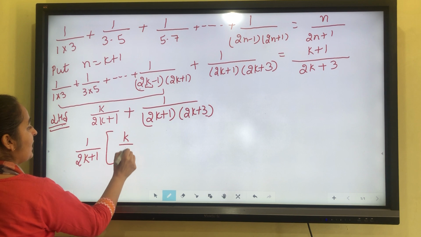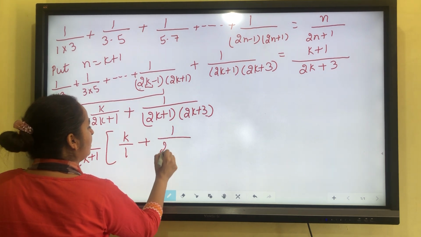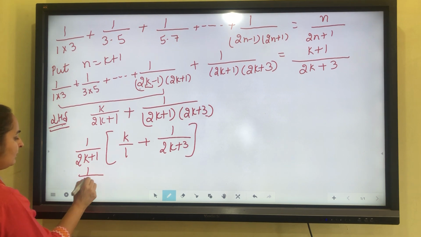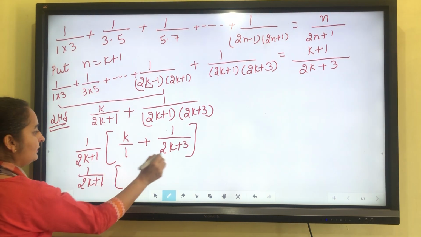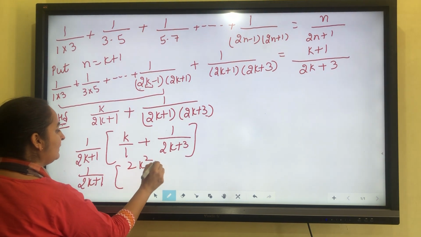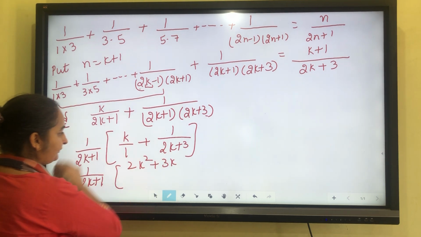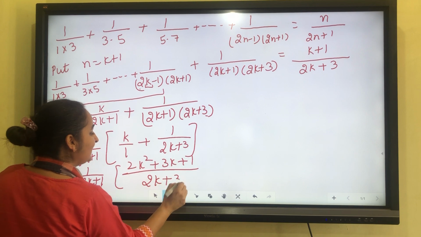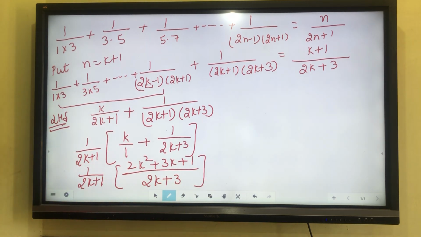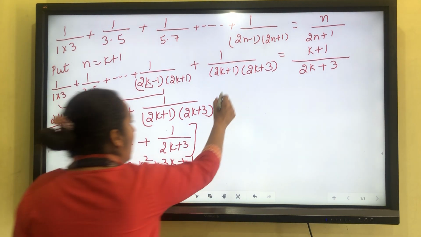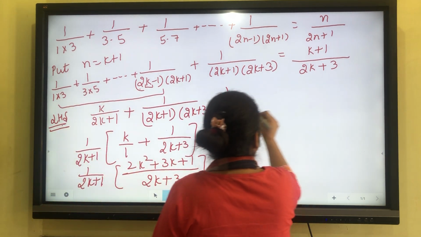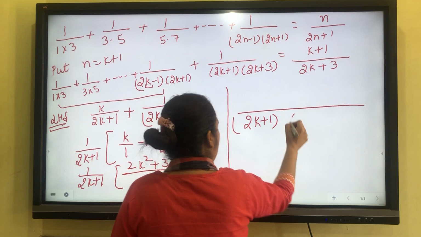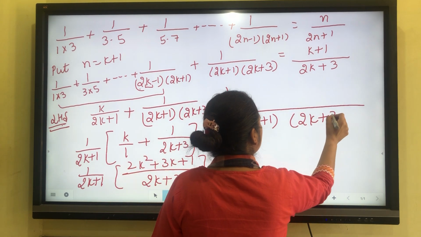Now k plus 1 upon 2k plus 3. Now take the LCM. 1 upon 2k plus 1 times (2k square plus 3k plus 1) whole divided by 2k plus 3. Split the middle term in the numerator. How will you split the middle term? In the denominator, there is 2k plus 1 and 2k plus 3.